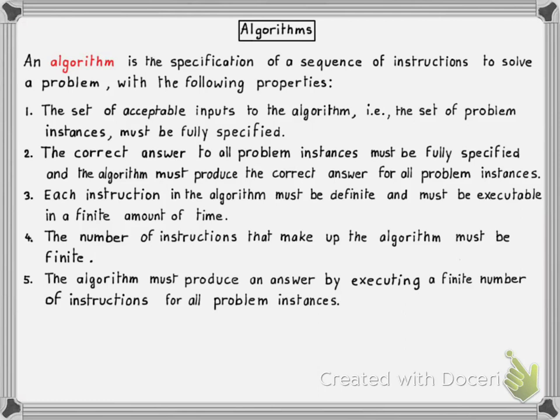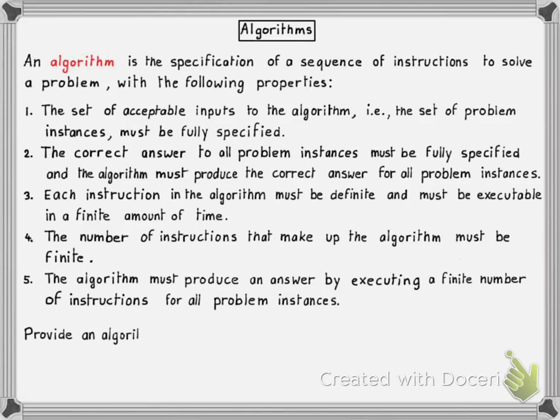You're probably aware that an algorithm can contain a loop, and even if the loop has a finite number of instructions in it, it could still run for an infinite time if you have what's called an infinite loop. Well, that is not acceptable in an algorithm. An algorithm must always produce an answer, and of course, it must always produce the correct answer, as we specified here. And it must do so in a finite amount of time. It must always terminate with a correct answer.